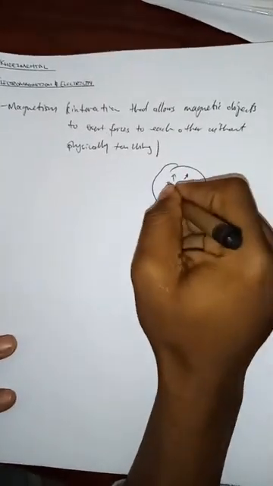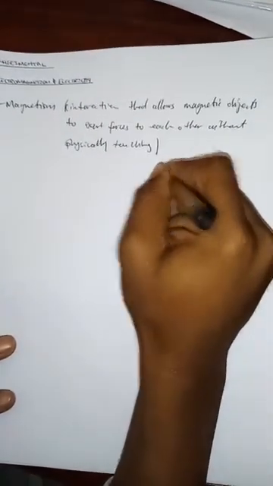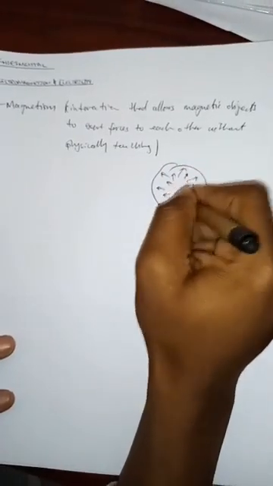But you find that in most of those objects, the orientation of the magnetic field, so let's say maybe this is an object, you find that these are the magnetic field lines. The net effect of their orientation becomes zero because they are magnetic field lines in all directions.